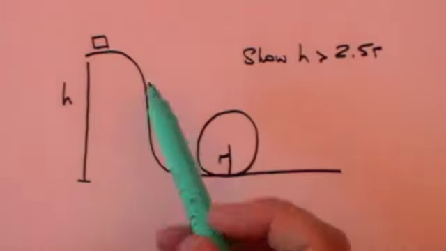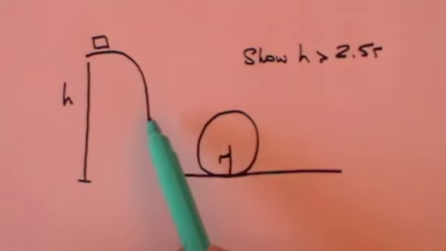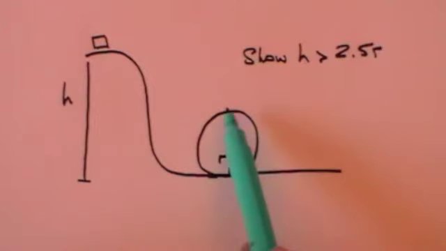Well, what we can say is that the car will have potential energy at this point. When it gets to the ground, all that potential energy will have been converted to kinetic energy. And then when it gets back up here, it will have some potential energy because it's gone back upwards again, and it will have a reduced kinetic energy. But the energy at all stages will be constant.